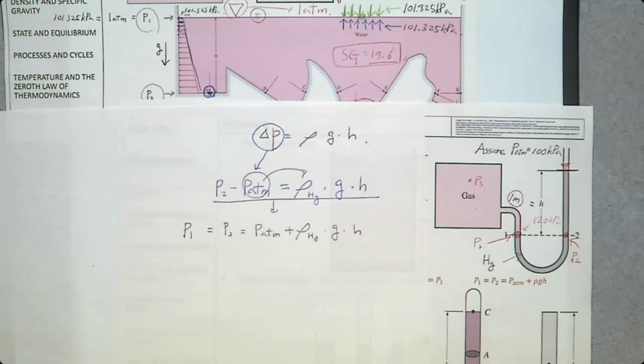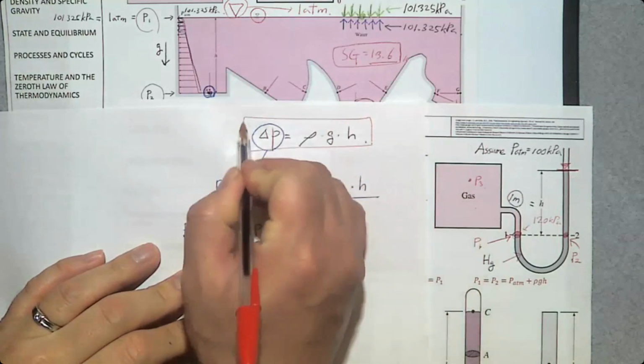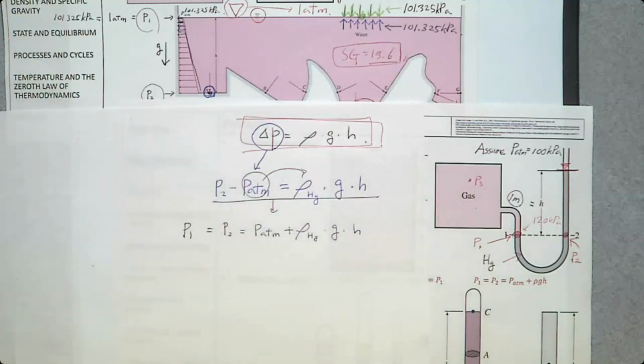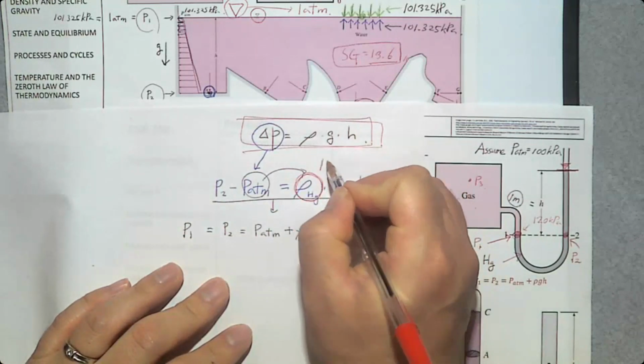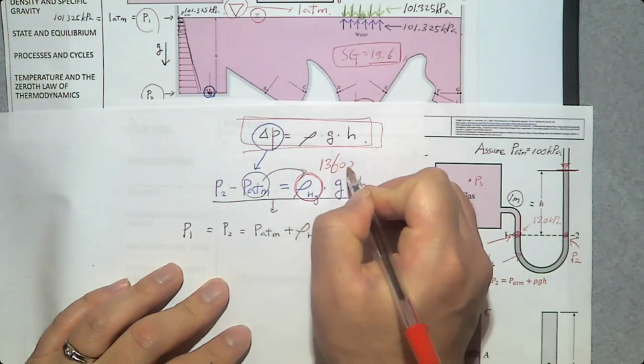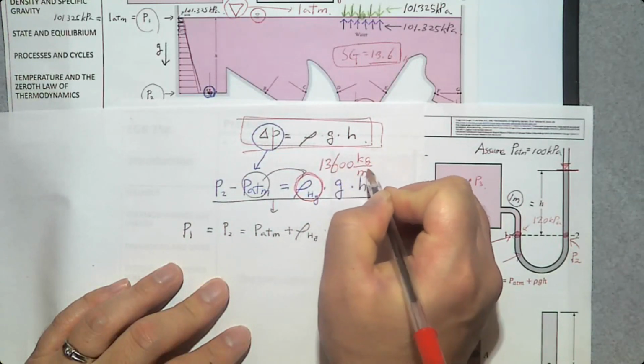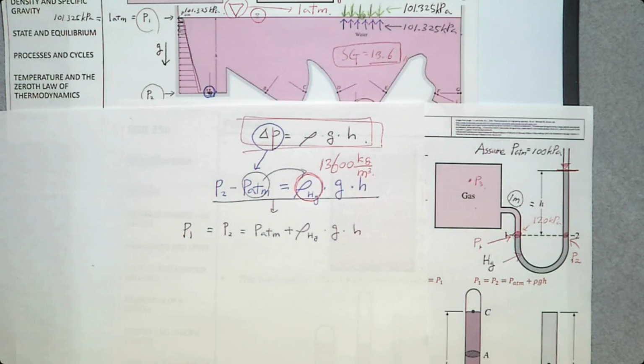However, what is the pressure variation of the gas? When we talk about pressure change in this mercury, it is significant because the density of mercury is what? 13,600 kilograms per cubic meter. Then what is the density of most gases?